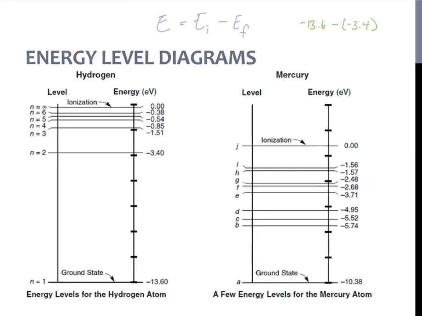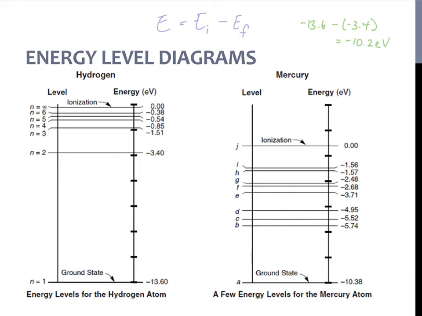So minus the negative, you end up adding that, and you get a negative 10.2 electron volts. So you need exactly 10.2 electron volts to jump from the first energy level to the second energy level.